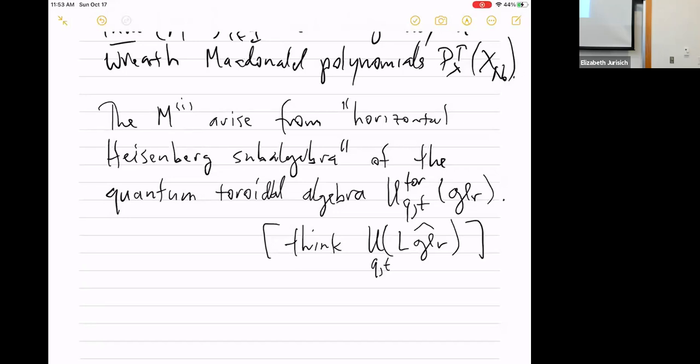So the symmetric function side is related to the geometry through this Miki automorphism. What this tells you is that you can construct some operators which are eigenoperators, but it doesn't tell you what they are. It tells you what the eigenvalues are. That perspective tells you the eigenvalues, but not the operators themselves.